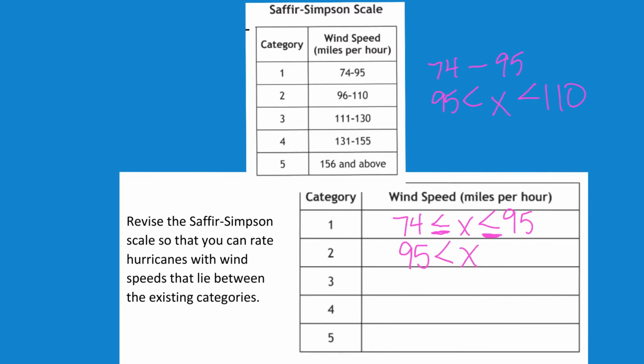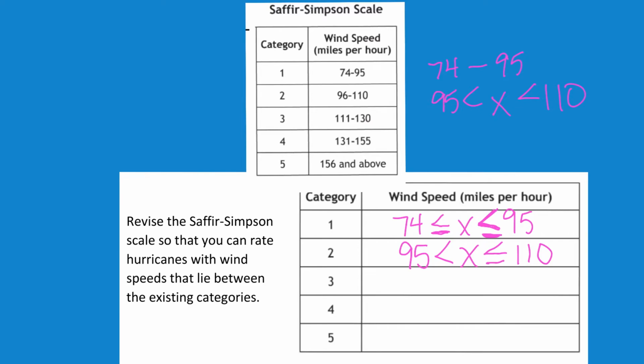Because if it's equal to 95, we want it to still be part of category 1. But if it's 95.1, 95.2, 95.3, then that's going to fall into category 2. So you don't want to put the equal to symbol there under the inequality, because 95 is part of category 1. But we are going to put the equal to symbol on the end of it, 110.